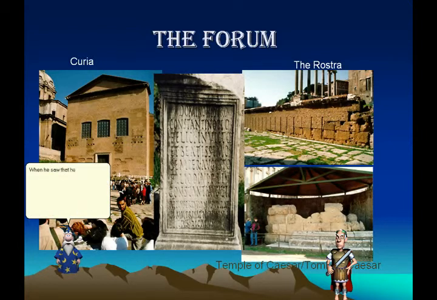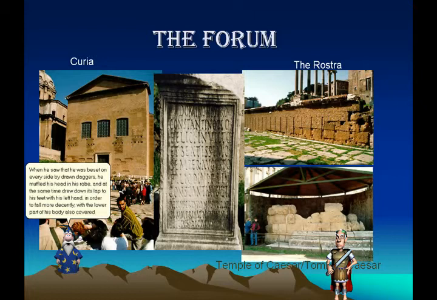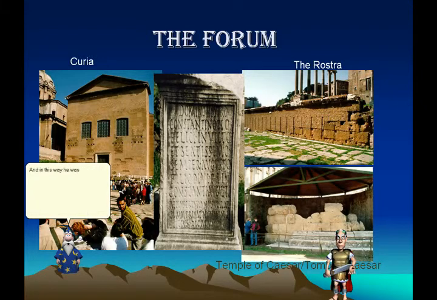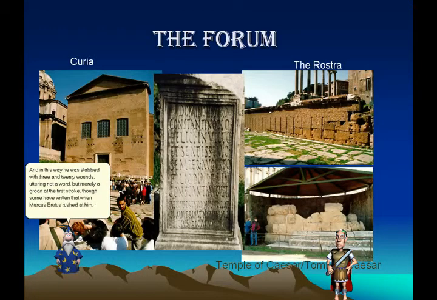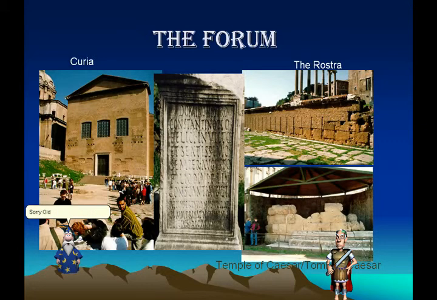When he saw that he was beset on every side by drawn daggers, he muffled his head in his robe, and at the same time drew down its skirt to his feet with his left hand, in order to fall more decently, with the lower part of his body also covered. And in this way he was stabbed with 23 wounds, uttering not a word, but merely a groan at the first stroke, though some have written that when Marcus Brutus rushed at him, he said in Greek, "You too, my child?" Sorry, old man.